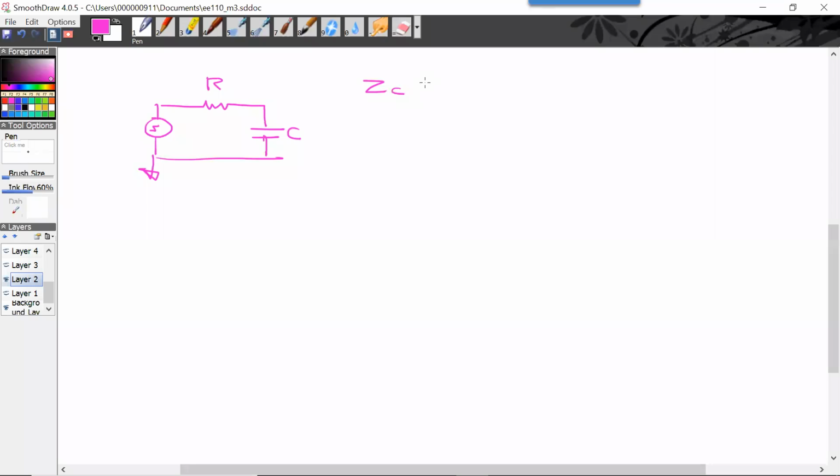And so the impedance of a capacitor is 1 over sC, which if we only take the imaginary part, we will have 1 over j omega C. Omega is the frequency. j is an imaginary number. So the impedance of the resistor is the resistor.